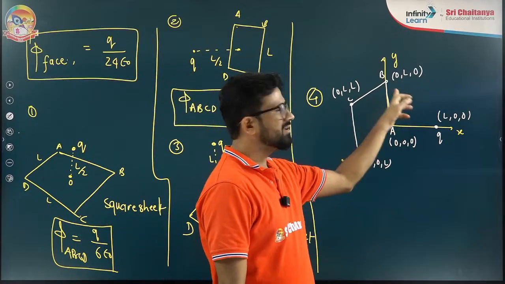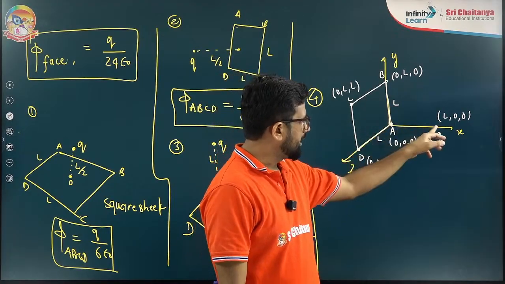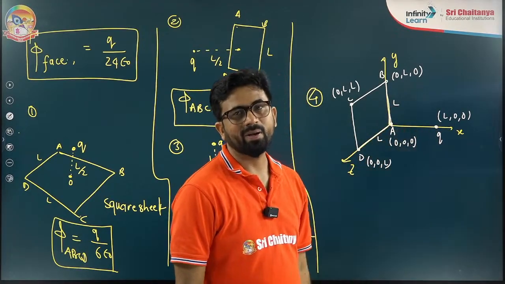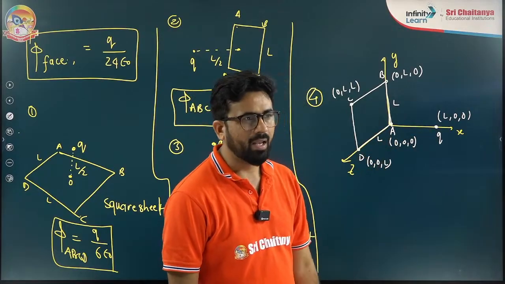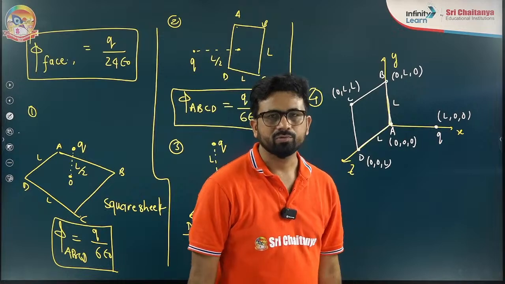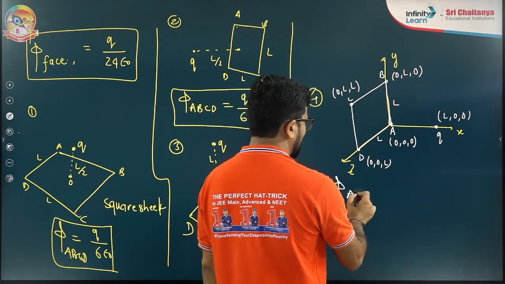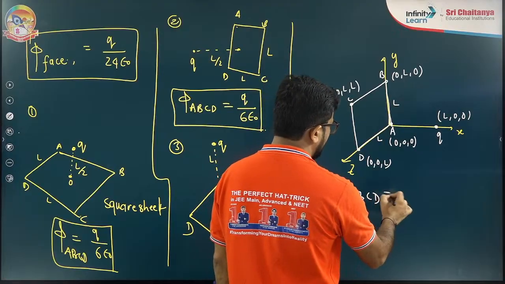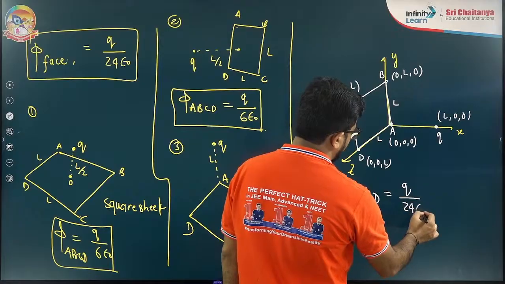This is a square sheet of side L, and at a perpendicular distance L from one vertex, charge Q is placed. So in both cases the flux associated with ABCD is the same, equal to Q by 24 epsilon naught.